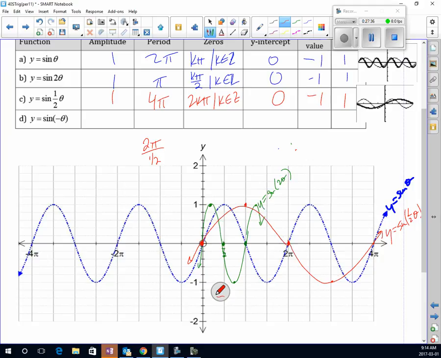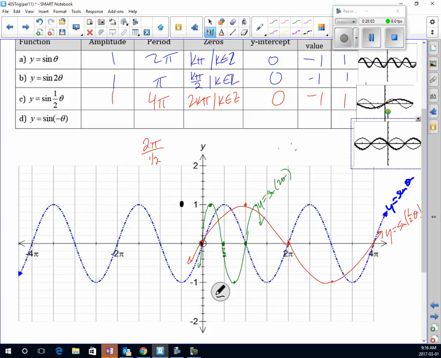So I'm going to quickly do the reflection. Again, go on your graphing calculator and change. Sine theta is an odd function because a mirror in the x is the same as a mirror in the y. So we'll do it that way, where the height of 1 at pi over 2 becomes over here.